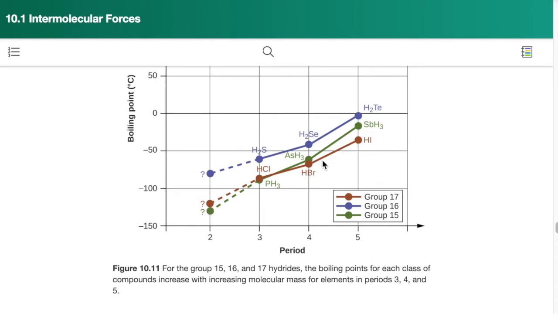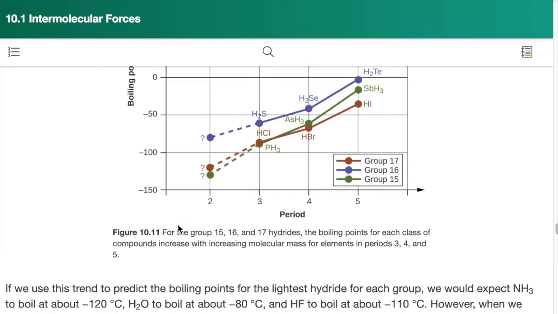And so the same thing would occur with the halogens, HI, HBr, HCl, should put HF around here. And then of course tellurium, H2Te, H2Se, H2S would put H2O, or water, about here. So following the trends, just given the surface area and the molecular mass, this is where you would expect these boiling points to be.